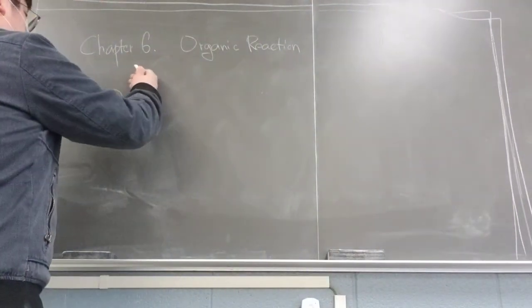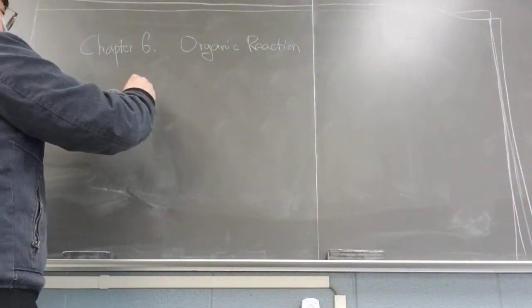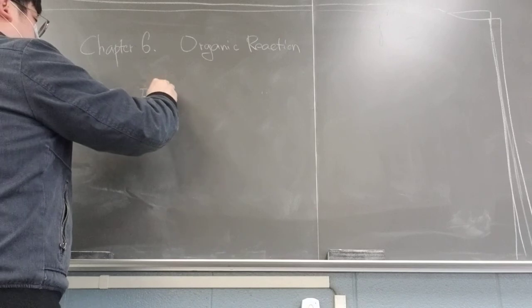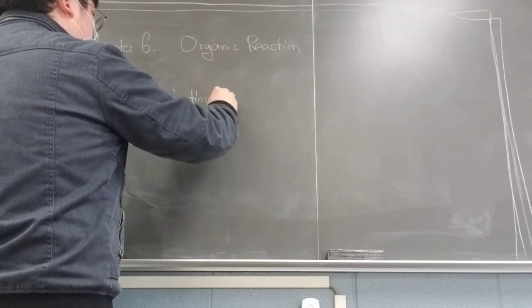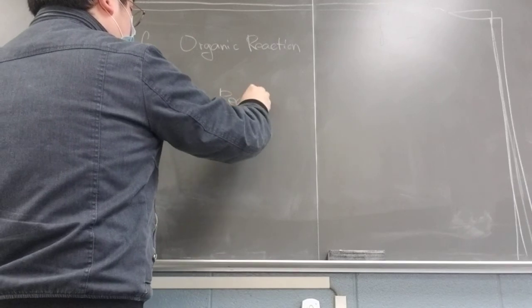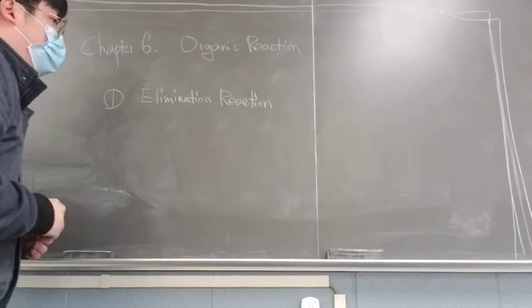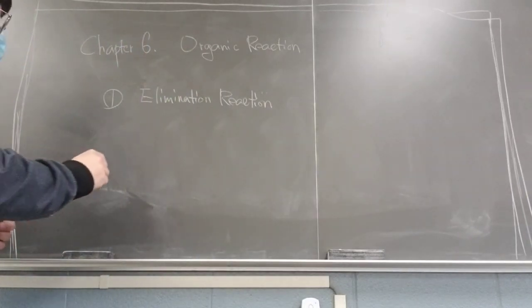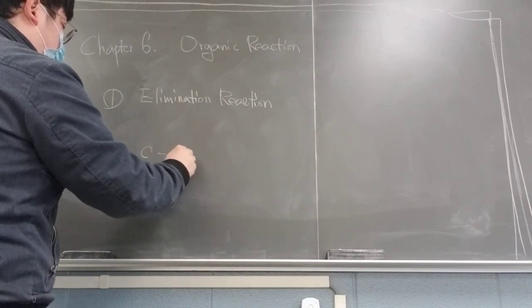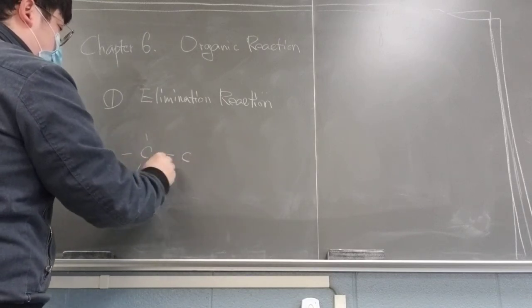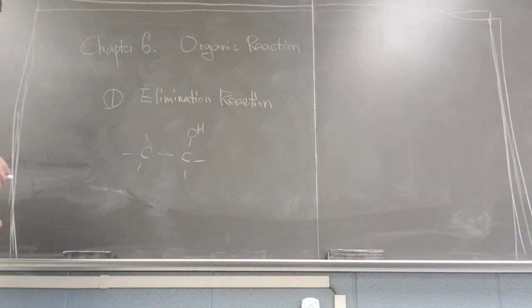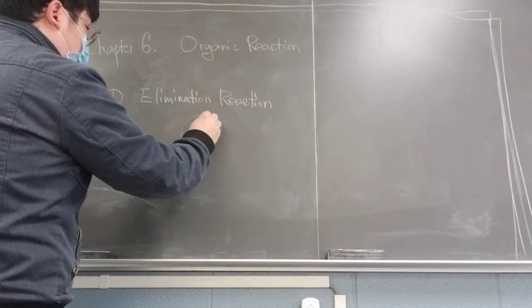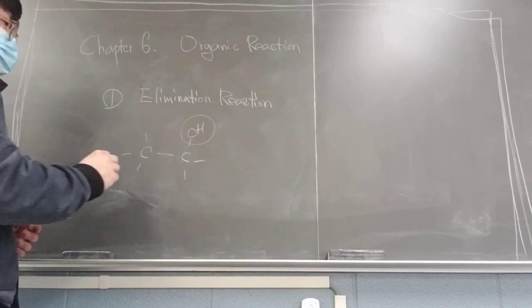The second type of organic reaction is what we call elimination. I can give you an example here. If you have any compound that has an OH group, this is what we call a hydroxy group.